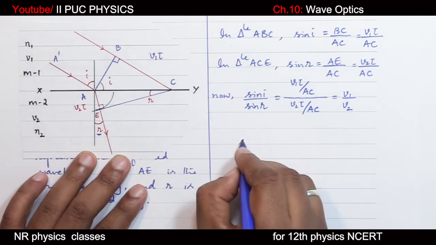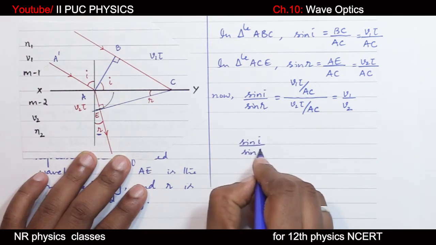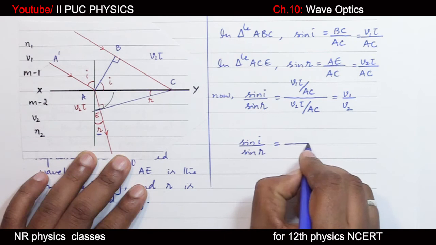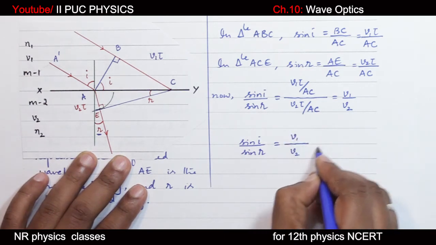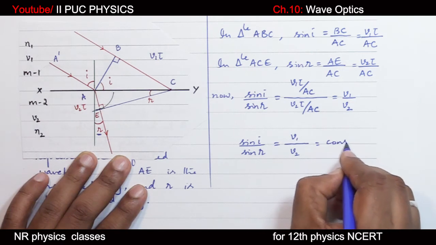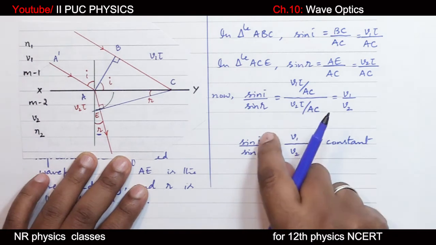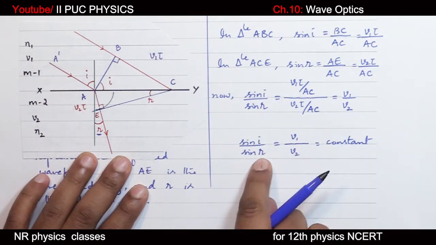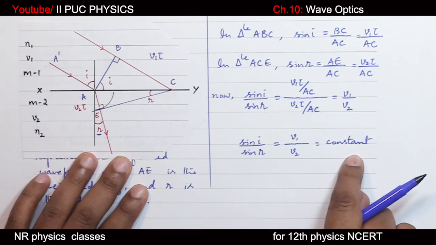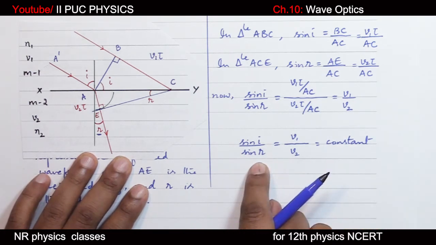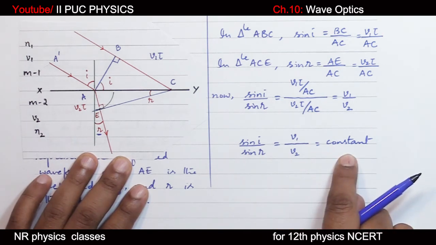Observe, sin I by sin R equals the ratio of two constants V1, V2. The ratio of two constants is also a constant. So the ratio of sine of the angle of incidence to sine of the angle of refraction is a constant for a pair of media. So this is Snell's law. This is the law of refraction.